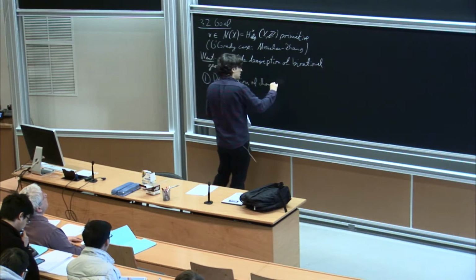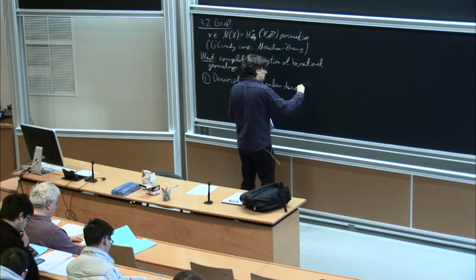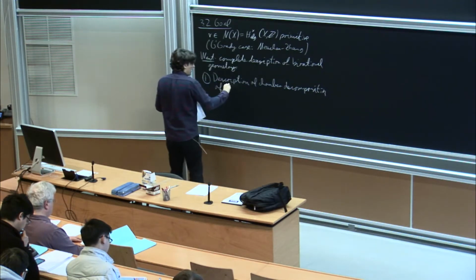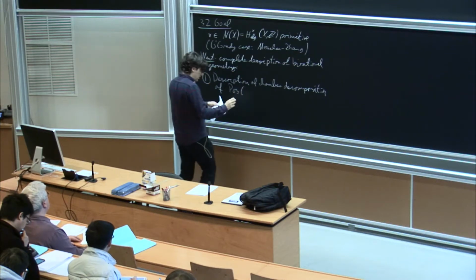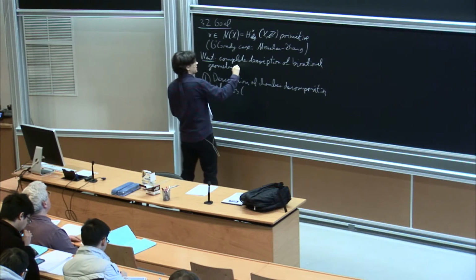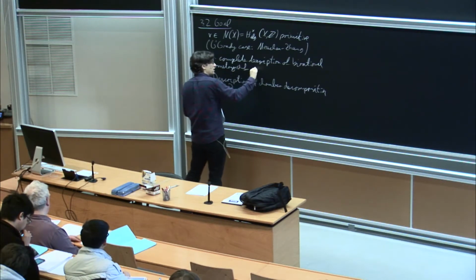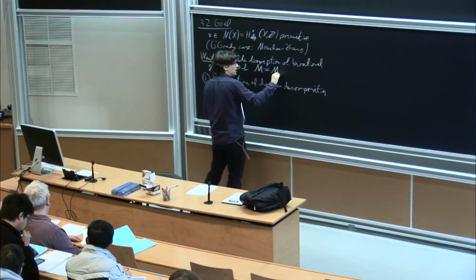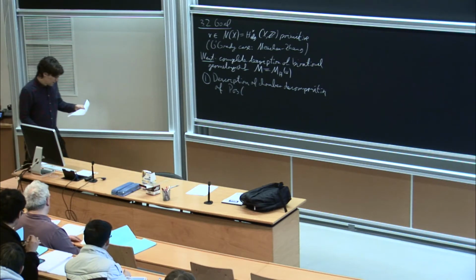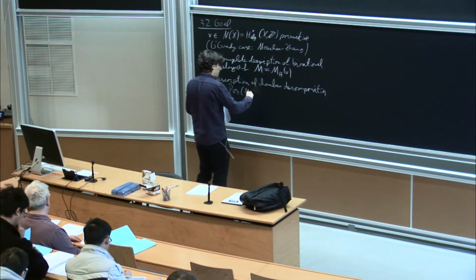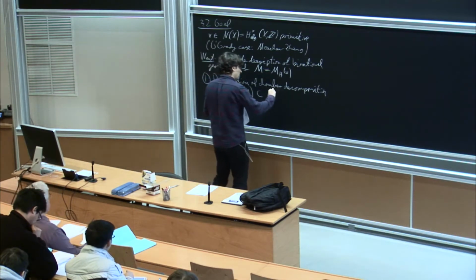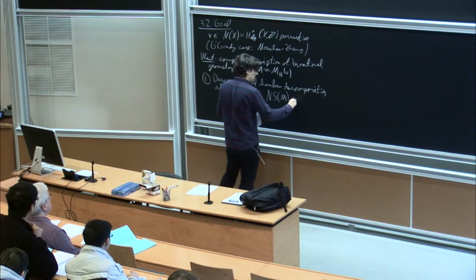We want a chamber decomposition of the positive cone of M. Here I'll let M be this moduli space of Gieseker-stable sheaves of Mukai vector v.